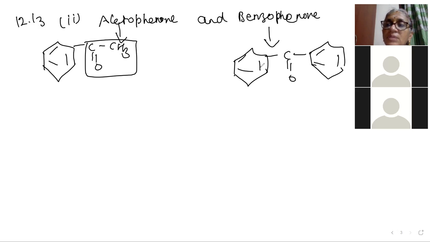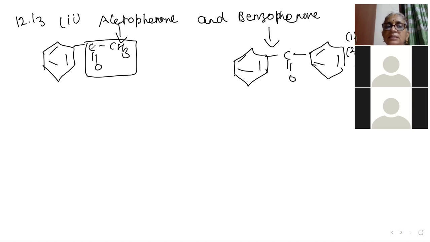If it happens to be a methyl ketone or ethanol, see, there are a few compounds. Among aldehydes, only ethanal gives this test. And among the ketones, whichever ketone has C double bond O in the 2 position after a methyl group.